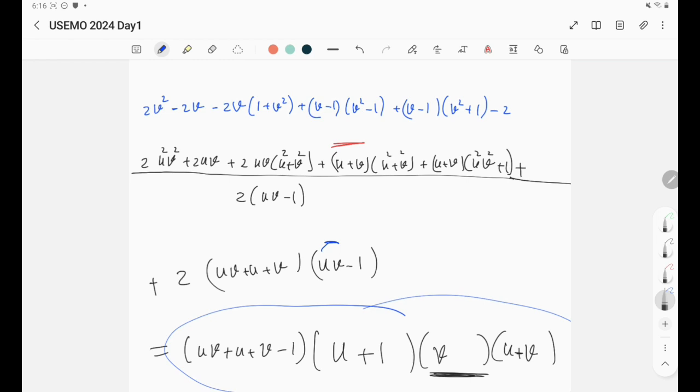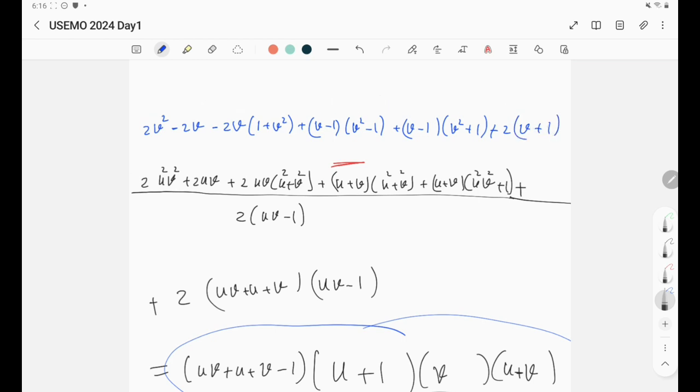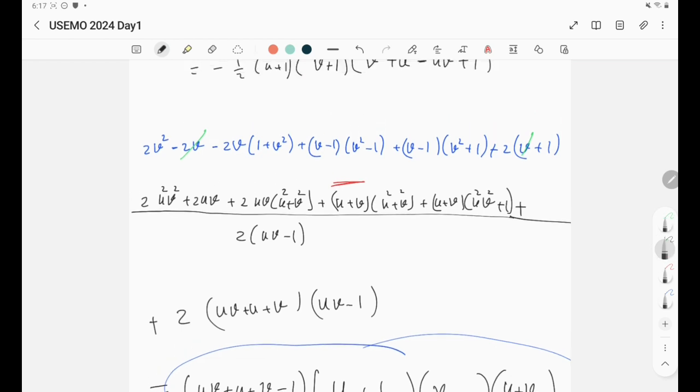Negative 2 times, and this thing here is negative v negative 1, so it's plus 2v plus 1. Let's see, does this cancel? Okay, 2v will cancel with 2v. Nice. What else will cancel? Let's see. 2v squared, will it cancel? We're going to have v minus v squared from here. You know what? Let's just evaluate it. Let's expand. This should not be difficult.